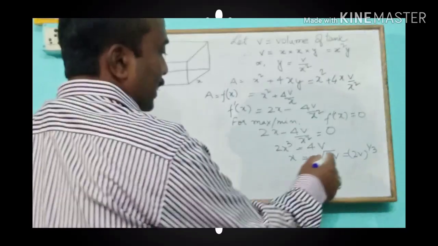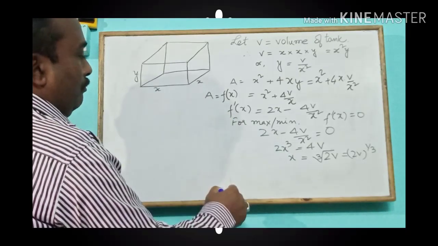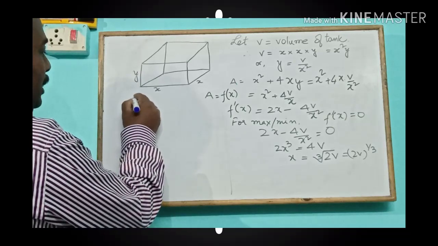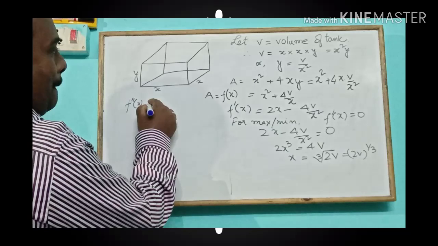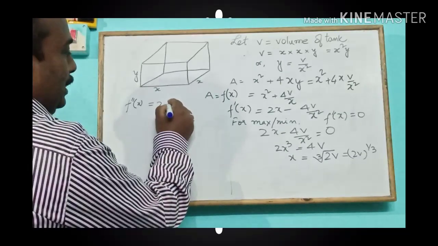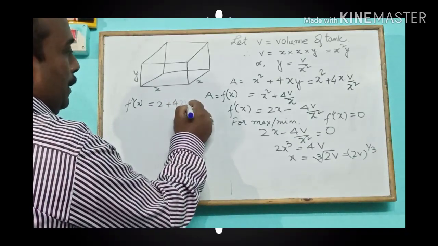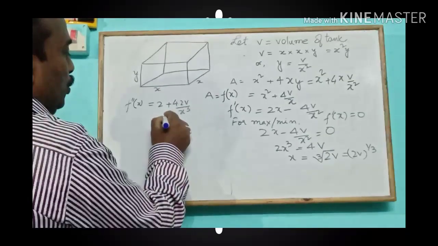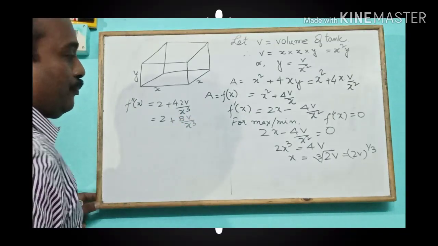Now I have to check whether for this value we get the minimum surface area. So f double dash x we have to find. So f double dash x is equal to 2 plus 4 into 2V by x cube, or 2 plus 8V by x cube.